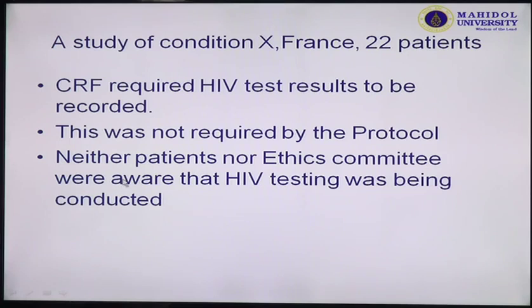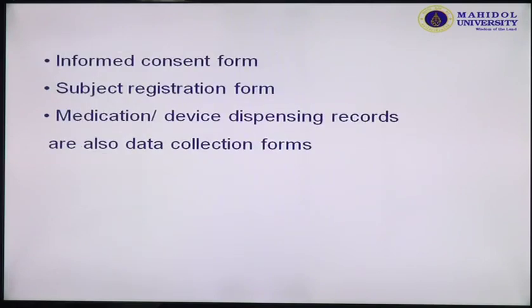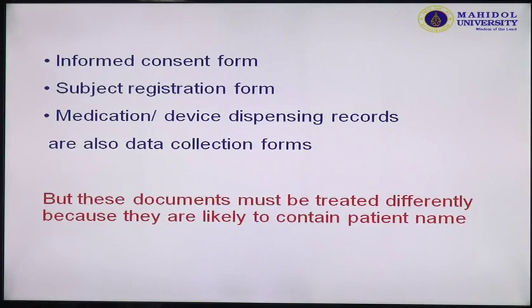If it's found during the trial, you have to amend the protocol and re-consent, calling back all participants and telling them that HIV testing has been performed and that they allowed it. They should be informed. The informed consent to registry medical device document must be treated differently. And it's very incorrect to obtain names.